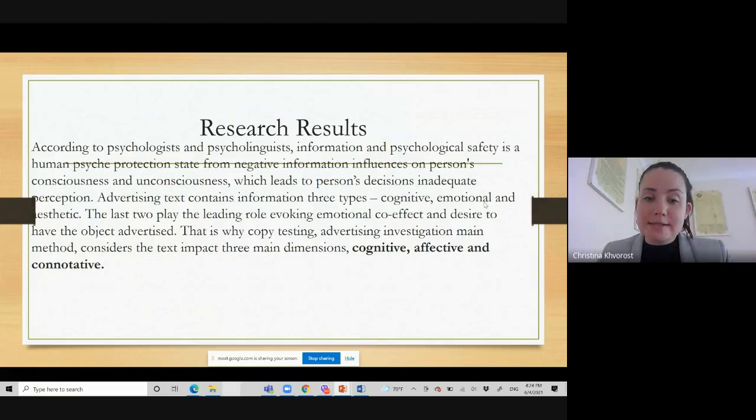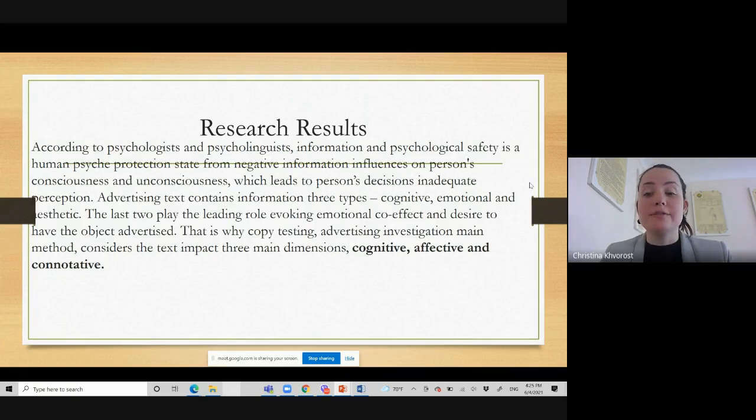Advertising text contains information of three types: cognitive, emotional, and aesthetic. The last two play the leading role, evoking emotional co-effect and desire to have the object advertised.